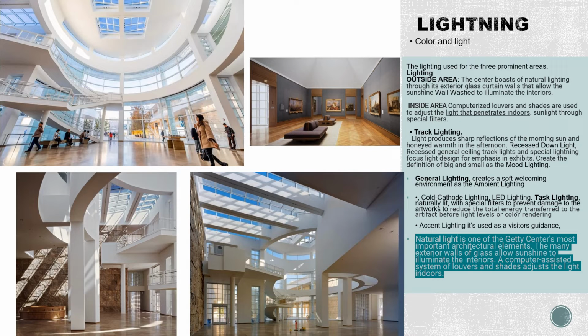Inside are computerized louvers and shades that are used to adjust the light that penetrates indoors as a protection to the artworks and how the paint, etc., is absorbing the light through special filters. There are also in the interior track lighting and skylights.